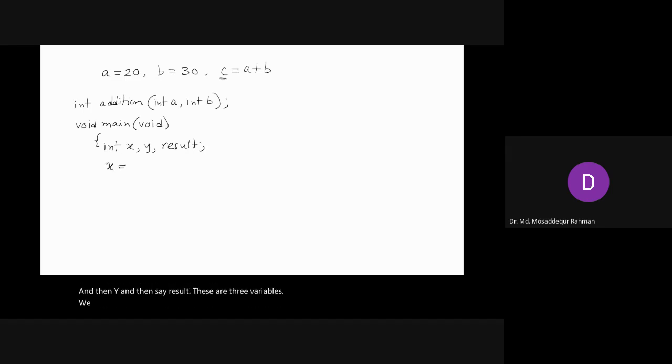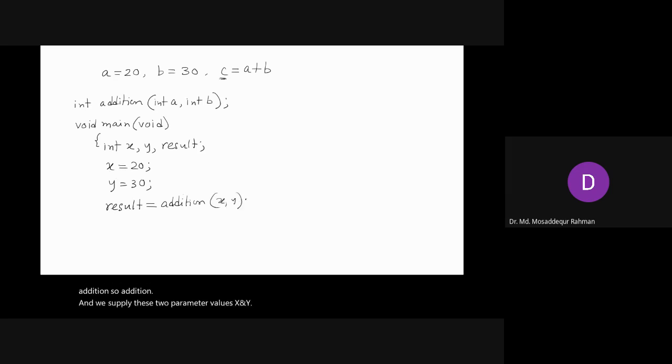Let's say x is 20 and y is 30. We are assigning these two values, and then result should be the addition of these two, but we are not doing this inside the main. For that we call the function addition, and we supply the two parameter values x and y. So our program is done. We are adding x and y by calling the function subprogram to do that task and return the result.